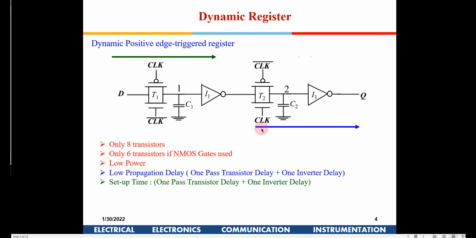The register always has to sample the data which is just before the rising edge of the clock; only then it is known as a register. That is an important requirement of a register, that it should not transmit the immediate data. Just before the rising edge of the clock, that data requires to be transmitted.